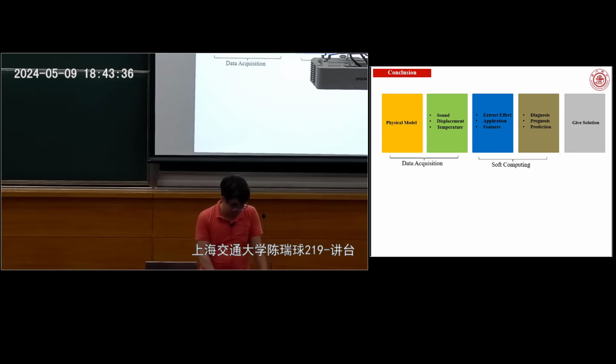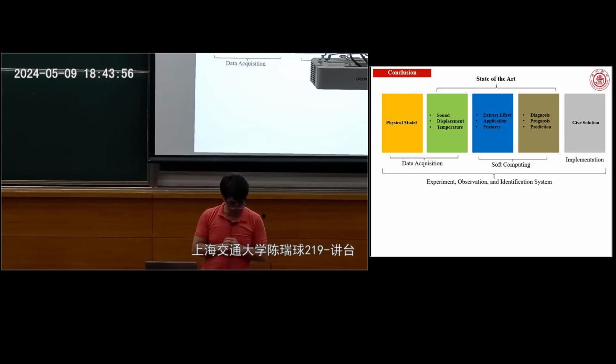So the first two blocks are data acquisition. Blocks 3 and 4 are soft computing. And the last one is implementation to get data. So, the state of the art of all activities is in blocks number 2 and number 4.